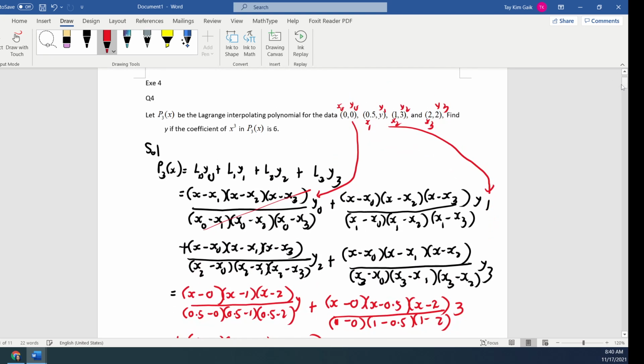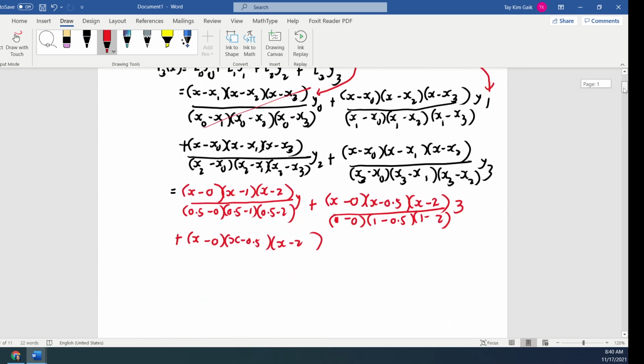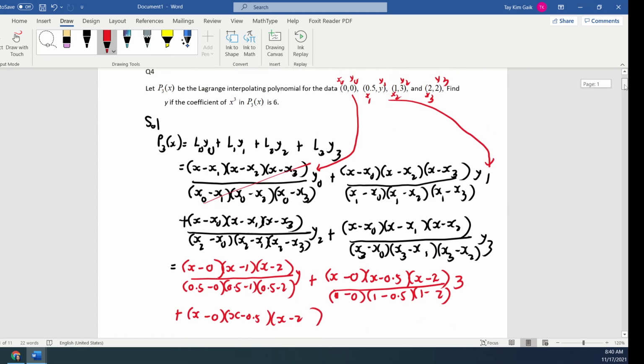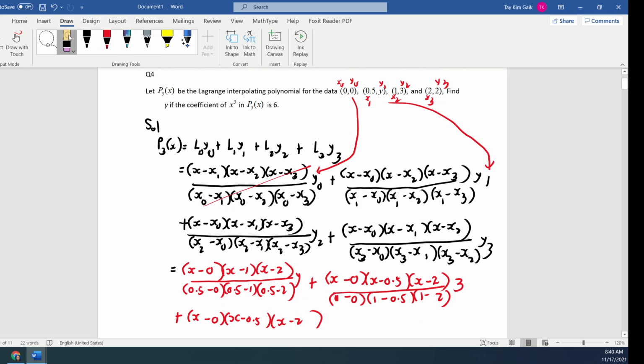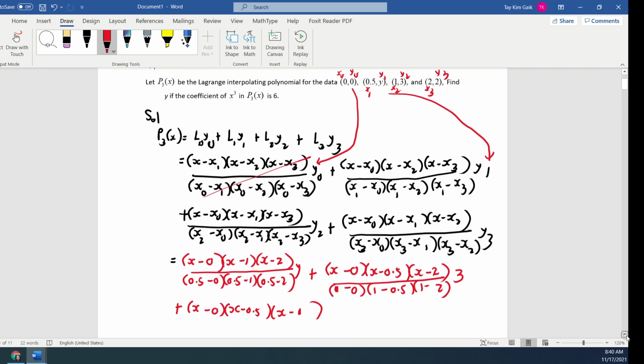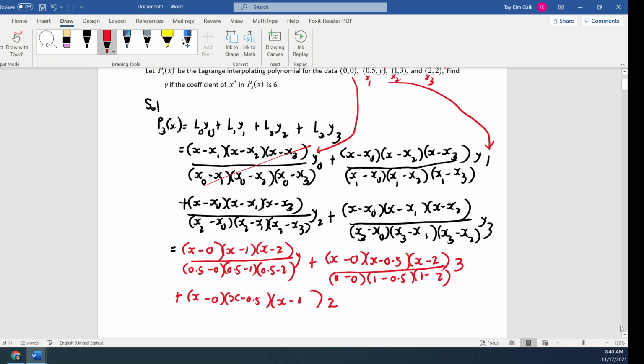The last term is x minus 0, x minus 0.5, x minus 1, times y3, which is 2, divided by, x3 is 2, so 2 minus 0, 2 minus 0.5, 2 minus 1.